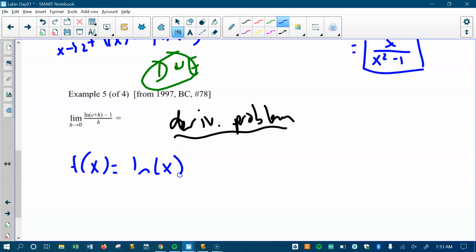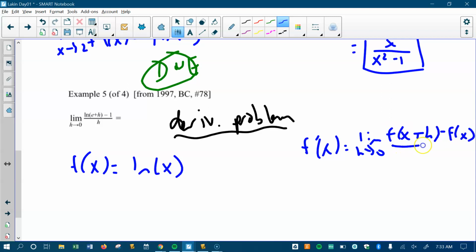And the way I know that is because, remember, f prime of x is equal to, I think it was on the other page, the limit as h approaches 0 of some function with some number plugged in with an h minus that function over h. And I just want you to be aware that x can be a number. X can be a number, and that could be a number. And that looks like what I have.